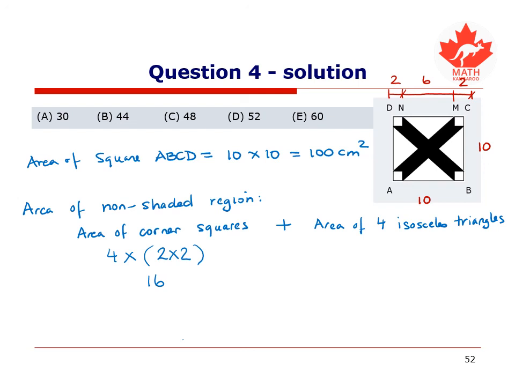Next, we want to calculate the area of the 4 isosceles triangles. If we focus on one of the isosceles triangles, we know the base of the triangle is 6 centimeters. But we also know that these isosceles triangles are right-angled triangles.